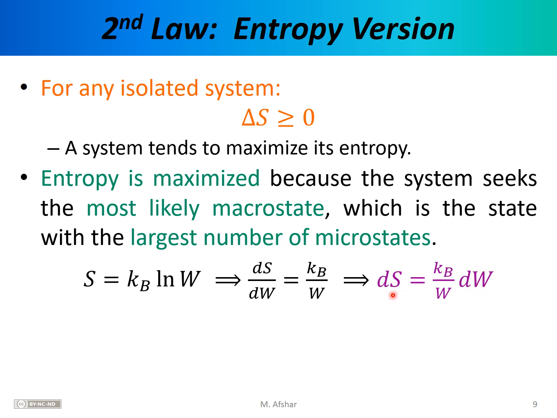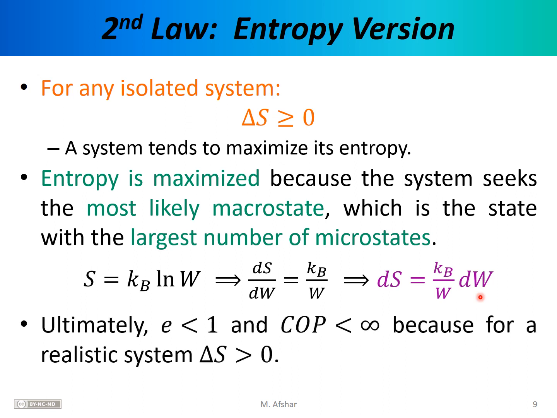When we say that the entropy of a system must increase, we're basically saying that the number of microstates must increase. In other words, the system is more likely to find itself in a macrostate with an increasing number of microstates. Ultimately, the three versions of the second law of thermodynamics are all equivalent to one another.